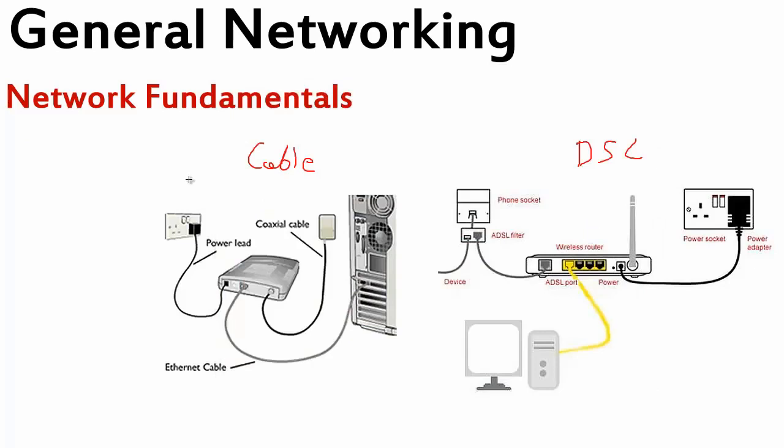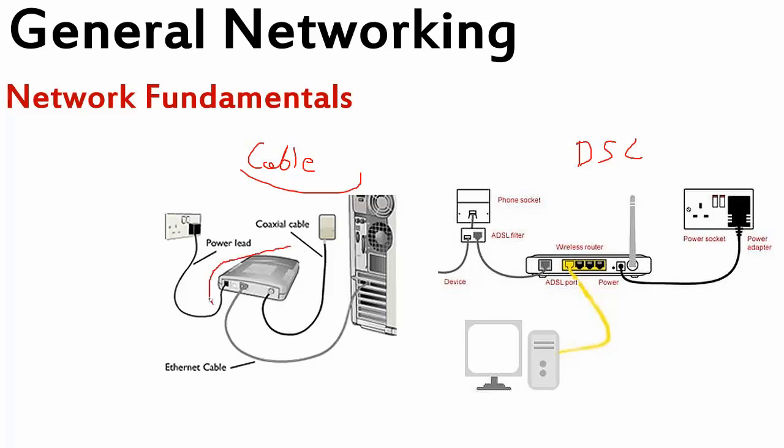Let's talk about the cable broadband connections. This one here you can have if you have a cable television network. It means that a company decided to run cables everywhere, and they can deliver not only TV services, they can deliver broadband connections as well to their customers and subscribers.